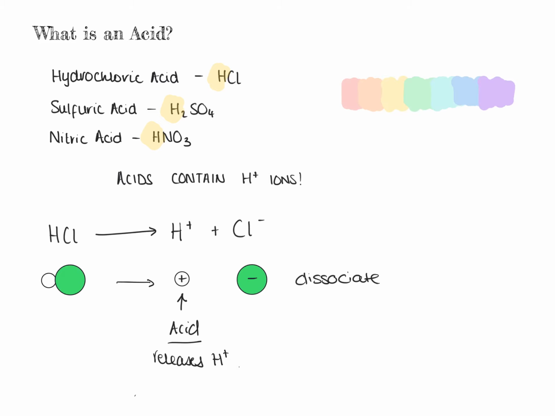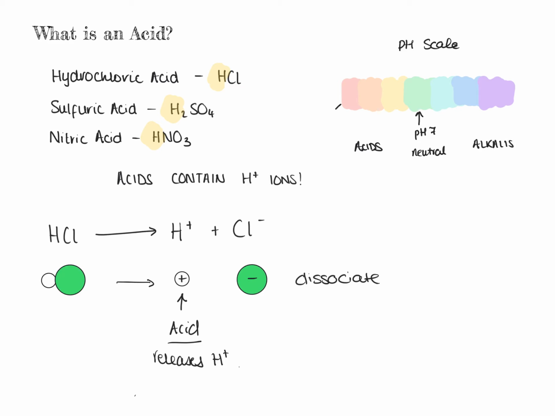Now, one thing you probably will have heard of to do with acids is their pH. Here we've got a very rough pH scale in terms of the colours that would be shown if you used universal indicator. We know that pH 7 is neutral, so that's not acidic. The acids are low pH and the alkalis are high pH.